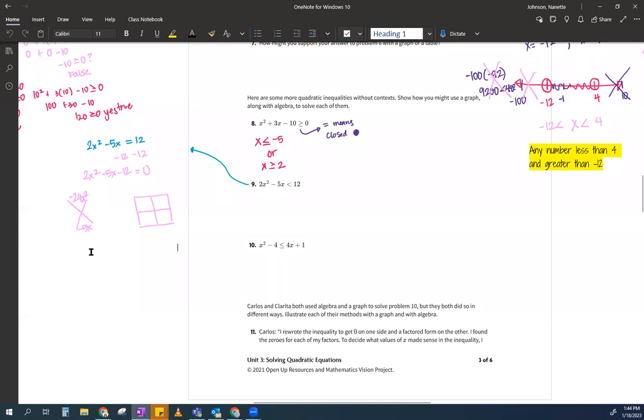So if you don't know that, you would write out your factors. 1 and 24, 2 times 12, 3 times 8, 4 times 6, and you're looking for a sum or difference of -5. Okay, I'm looking for a sum or a difference of -5. And so the only one that gives me that is 3 and 8. So I put 3x and 8x.